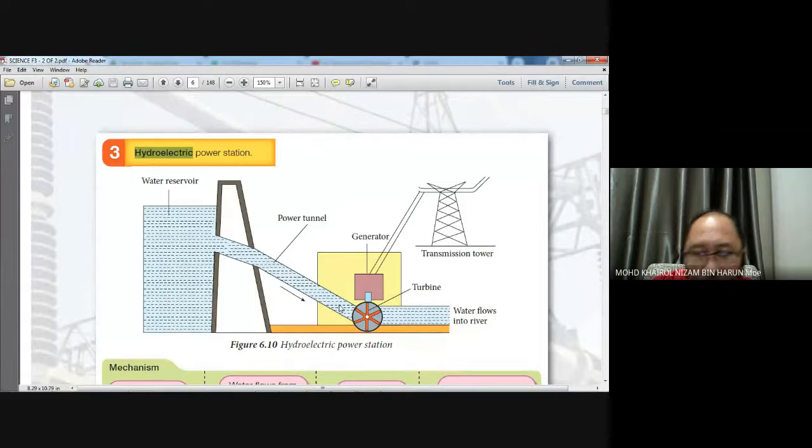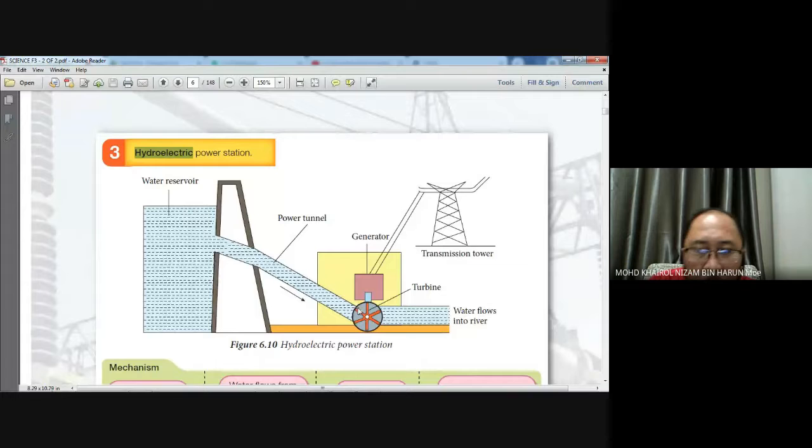This very high speed water will rotate the turbine inside the power station. This turbine will rotate, and then it will also rotate the generator to produce electricity.